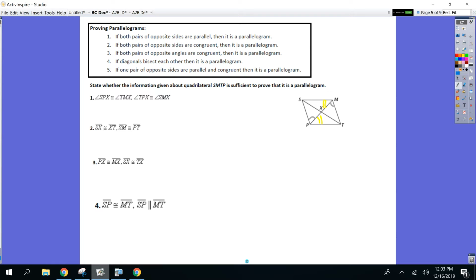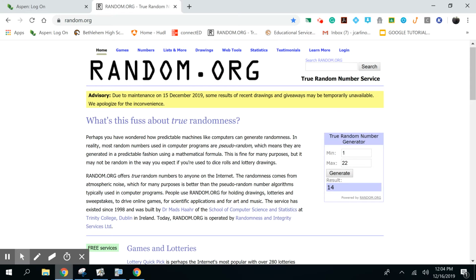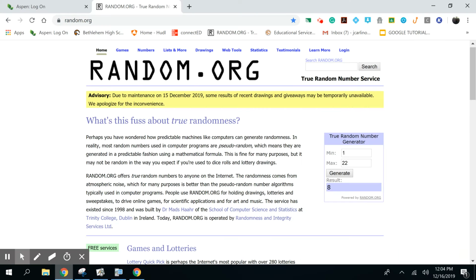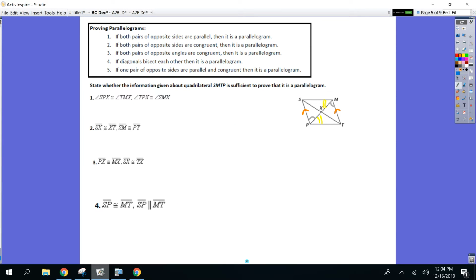Okay, so SP, everybody, is parallel to MT. Got it. Because those are alternate interior. What about my other pair that I marked? What type of angles are my yellow ones up here? Great. Good job. So if they're congruent, give me a pair of lines that should be parallel.